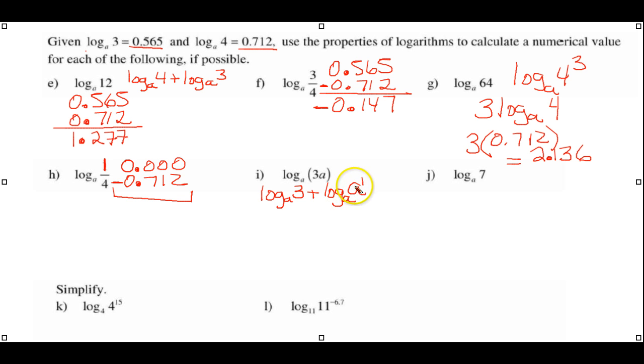When you have this relationship, this value is 1. So we have 3, which is 0.565, plus 1 now. This is a little tricky, and the answer for this one is 1.565.